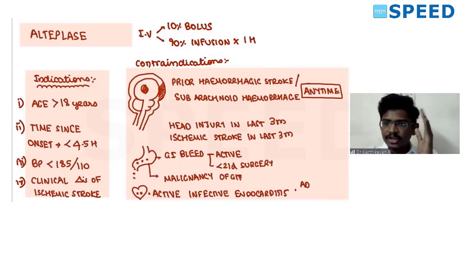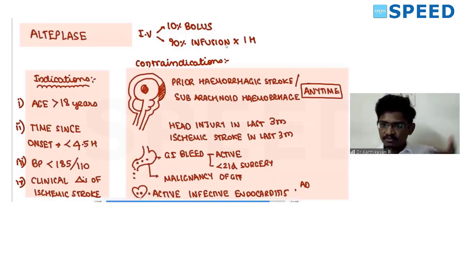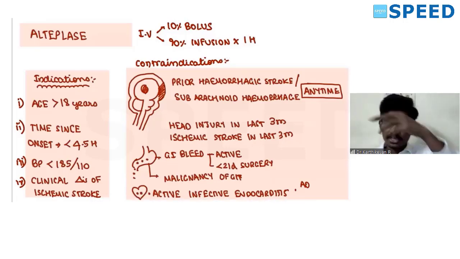Then active infective endocarditis. Many of them don't know this. It's a high yield point also, because in active infective endocarditis, why should you not give thrombolysis? Just think, in infective endocarditis there is infection in the endocardium of the heart valves. So vegetations start to form on the valves as well as the endocardium of the heart.